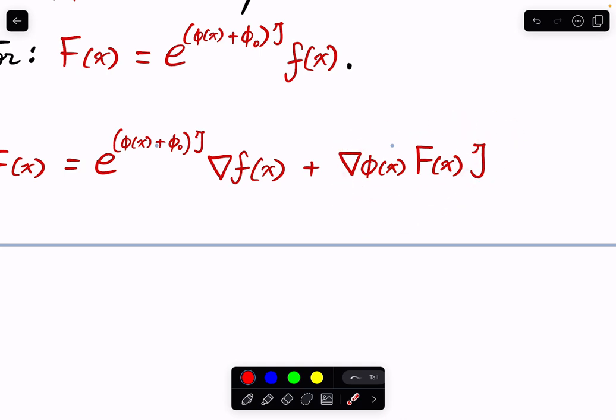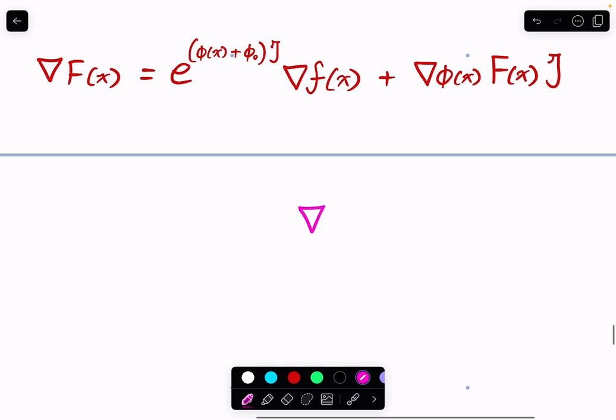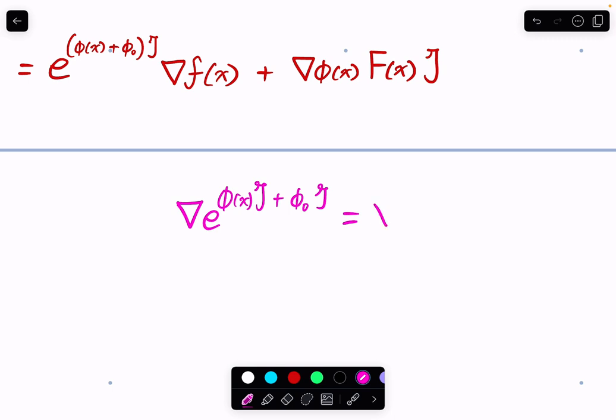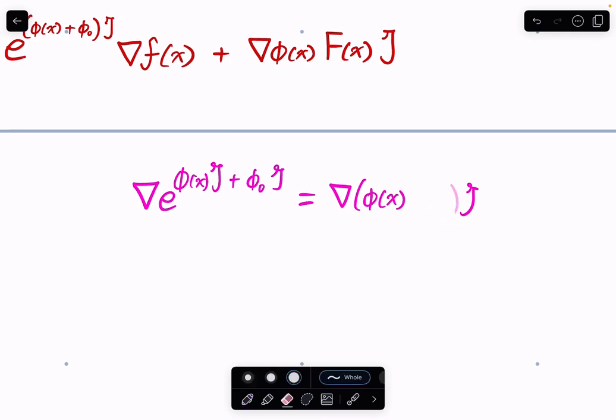And then this term here comes from the gradient of e to the phi of x I plus phi naught I. This is constant, so when you take the derivative of this, it's just going to end up being phi times phi of x plus phi naught I. But this goes away, so you end up only with this.